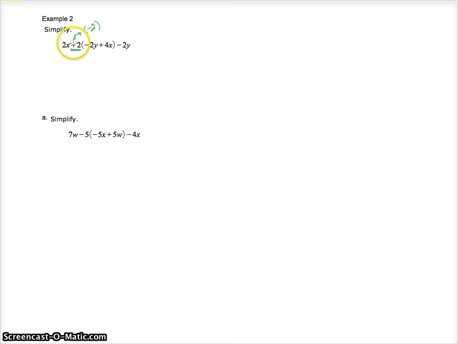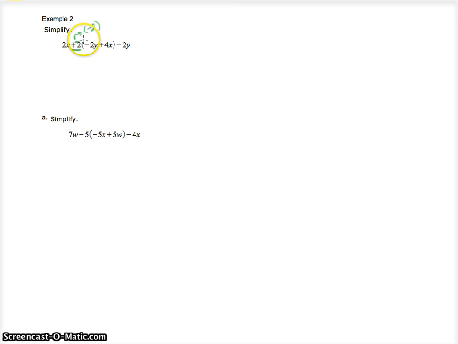So I'm going to send my minus sign all the way through here. So it's going to be negative 2 times negative 2y, and negative 2 times 4x. Another way to think about that is I can add the opposite. I'm going to apply keep change, and now it is a negative 2.